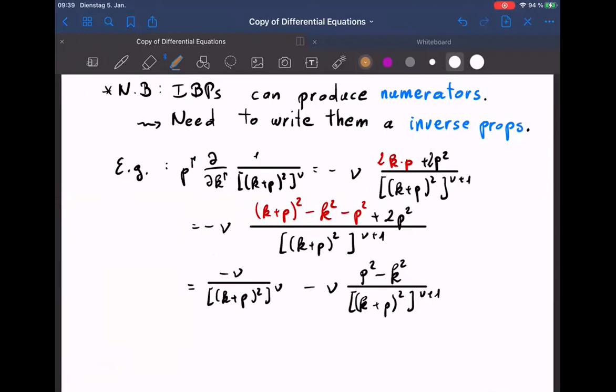The first term, which comes from here, gives me this, where the only thing that has happened is that the nu plus 1 that I had here has become a nu again. Because I've cancelled (k plus p) squared. Then the rest, which is all of this, becomes this. And of course, now the exponent in the denominator, nu plus 1, stays nu plus 1.